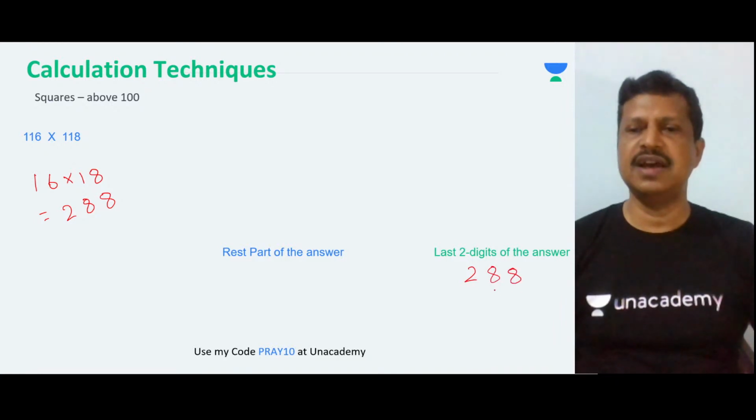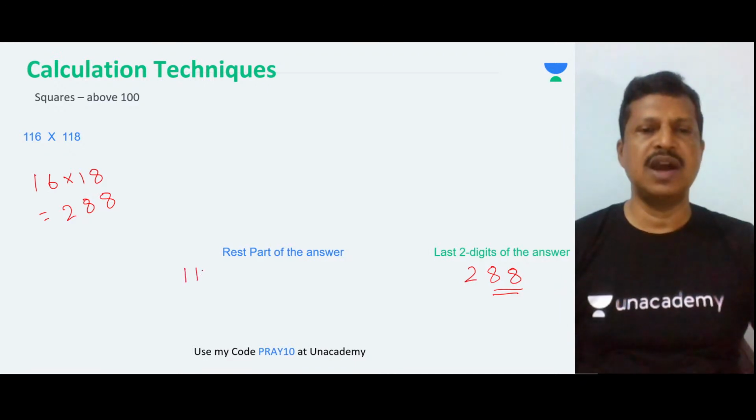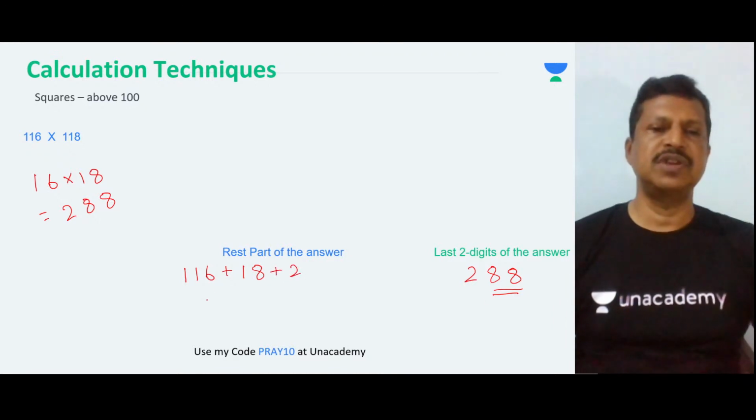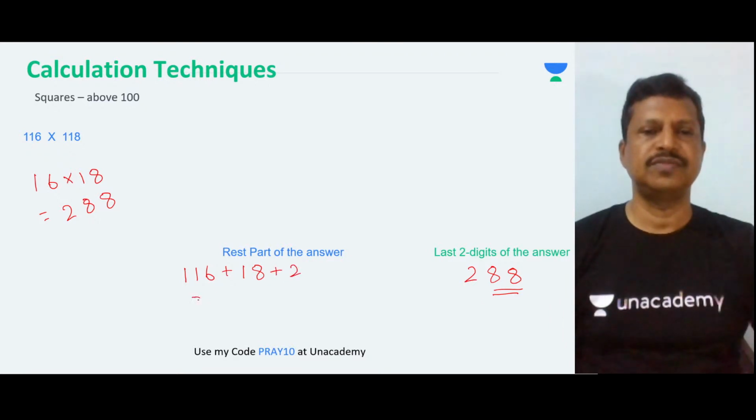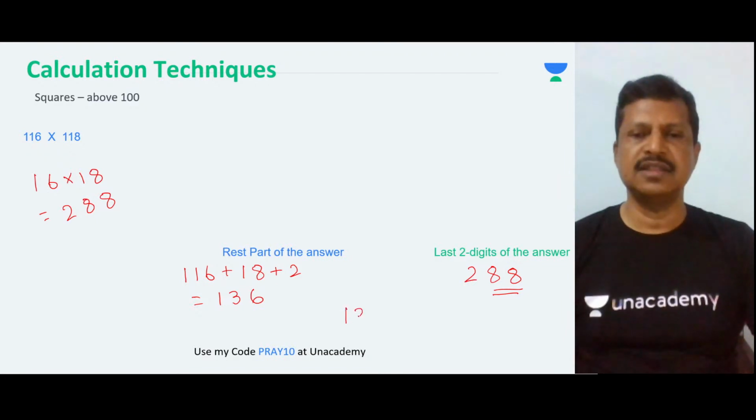So 88 will be the last two digits and 2 is to be carried. So this side it will be 116 plus 18 plus 2. So this gives you 136. Fine. So the final answer comes out to be 13688.